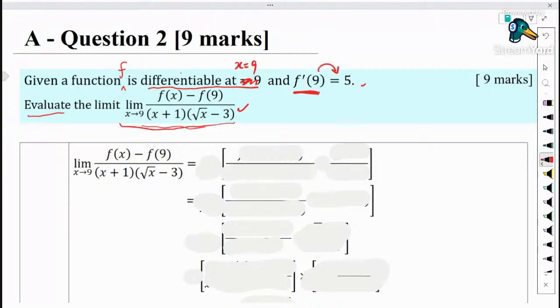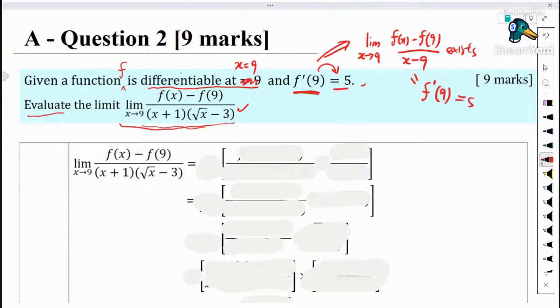If f prime 9 is valid, what we know is that the limit as x approaches 9 of (f(x) minus f(9)) over (x minus 9) exists, and it is equal to f prime 9. And of course, further info is that it equals 5.